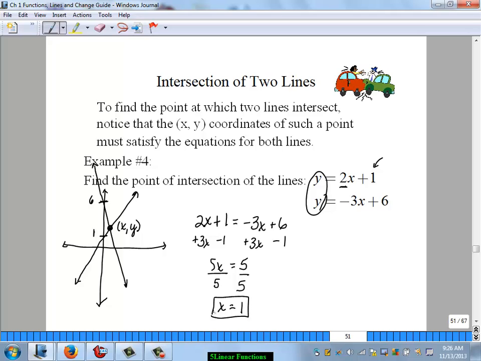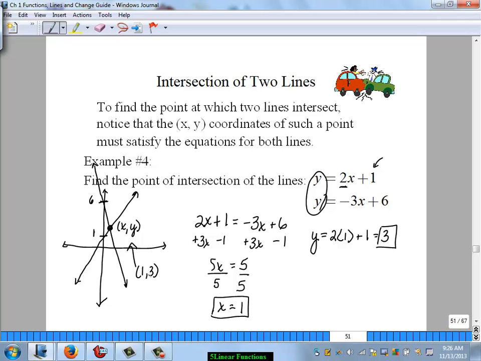So now I know x is one of my xy point. So I'm going to plug in 1 in one of these equations, and it should work for both. If I say y equals, I'll use the first equation, 2 times 1 plus 1, that's going to be 3. So now I know the y value is 3. And if you were to put 1 in here, you'd also get a 3. So now I know the intersection of the points is (1, 3), and that works on both lines.